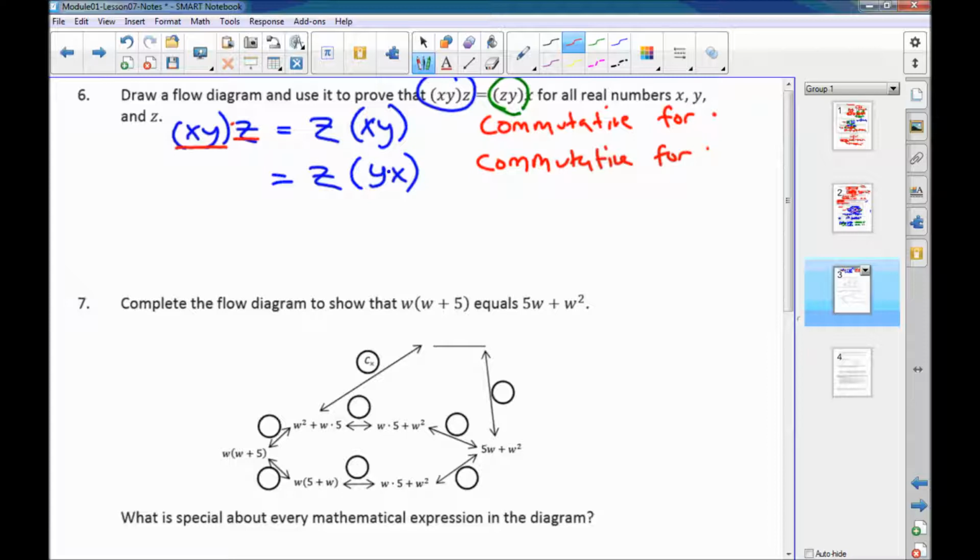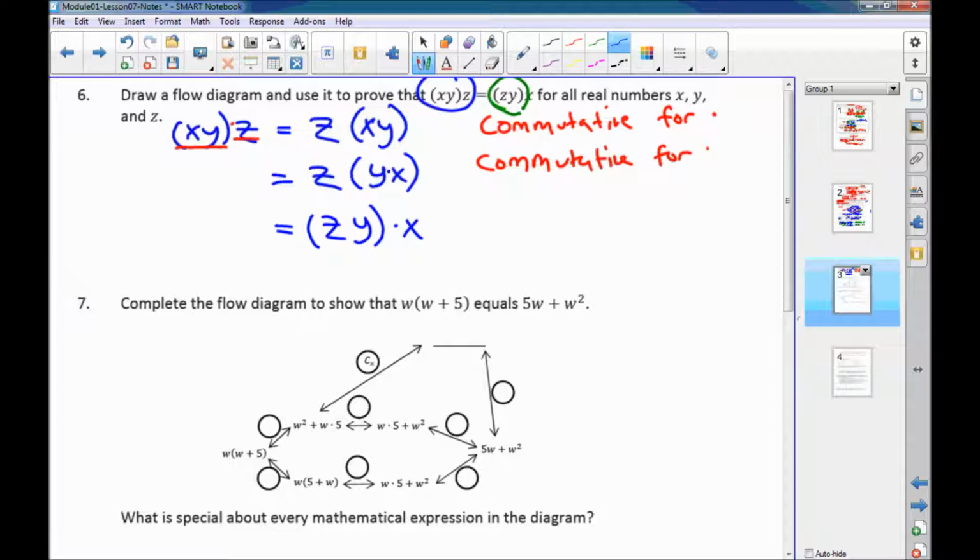All right, now lastly, what I want is to get the y and the z to be in the parentheses together instead of the x. And there is a property that allows us to change the parentheses around. Okay. So I can do this step, parentheses zy and then times x, which is what we want.